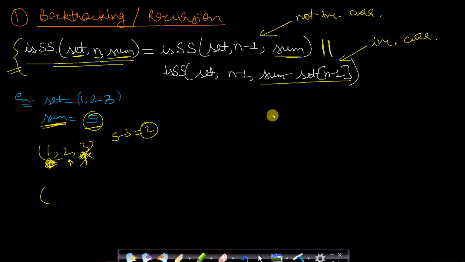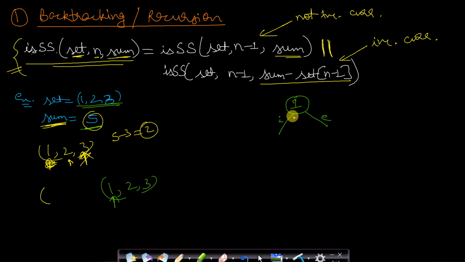So let us understand this concept by using a simple tree diagram. What we have is the set as 1, 2 and 3 elements and sum as 5. So let me write this 1, 2 and 3 separately. Let us start from the left hand side, just for simplicity. If I draw a tree diagram, and I take this first element, then it will have 2 choices. Either I can include this element 1 or I can exclude this element 1.